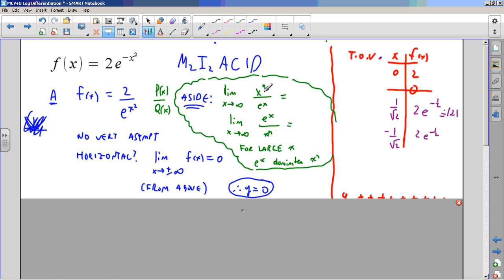Here, this degree is lower than the bottom, so this would go to zero. If the exponential function is on the bottom, it goes to zero. When x gets large and the exponential function is on the top and the polynomial function is on the bottom, this goes off to positive infinity. For large values of x, e to the x dominates x to the exponent n.